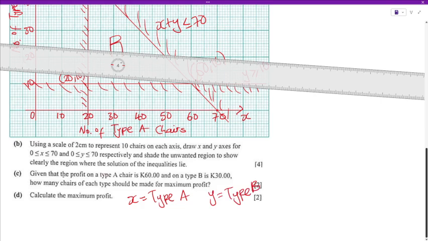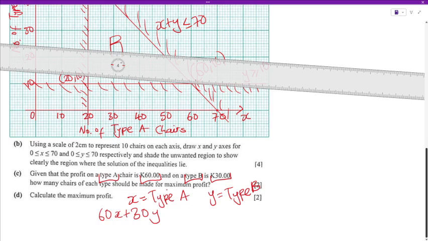Given that the profit on type A share is 60, you attach that amount to type A, which is x. So it's going to be 60x plus, how about type B? Type B is y and the amount is 30. So it's going to be 30y. That's your formula for finding maximum profit.